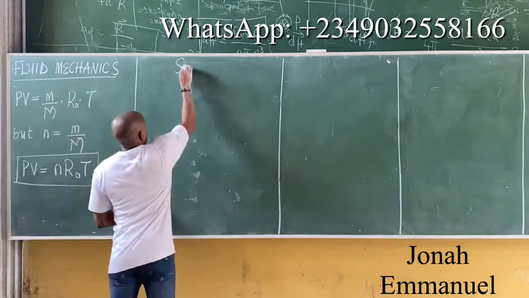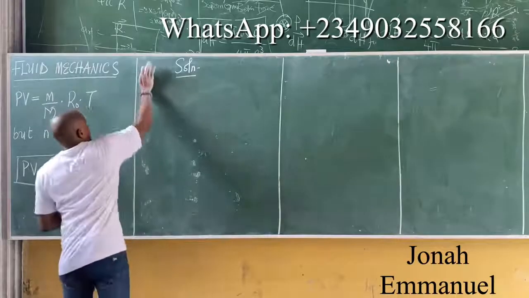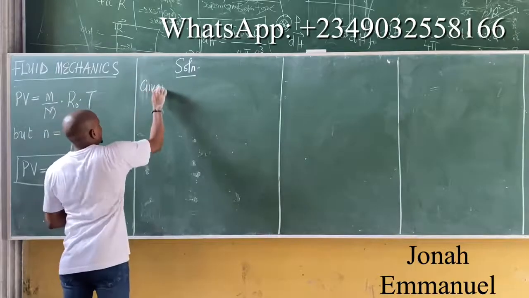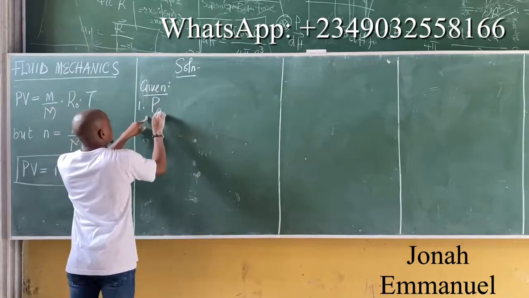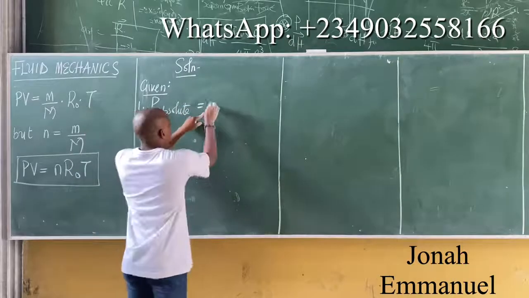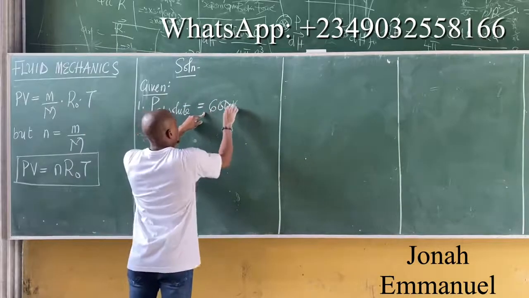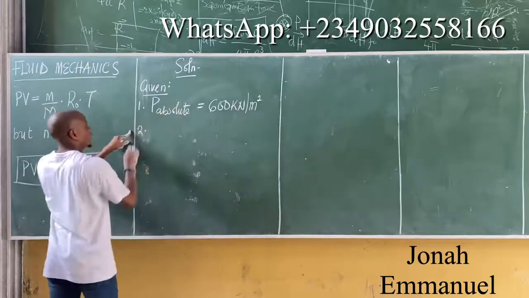Solution. First things first. What are you given there? Absolute pressure, P absolute. What's the value? 600 kilonewtons per meter square. What else are you given?